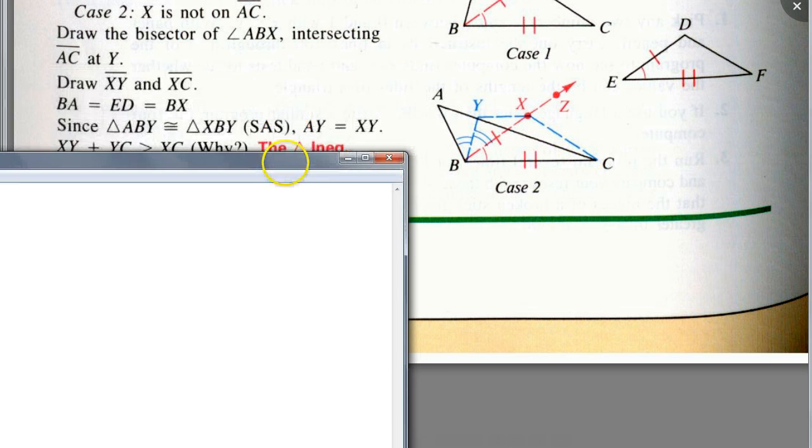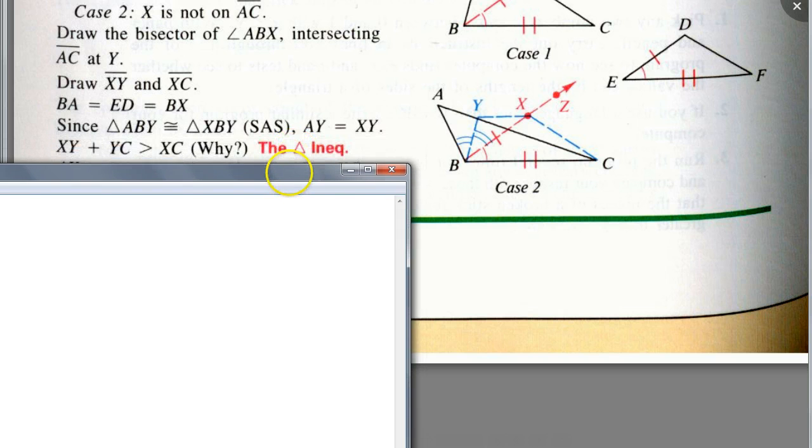Why would XY plus YC be greater than XC? I want you to discuss with your group. Go ahead, I'll wait. Now that you had some chance to talk, Josh, you guys don't know why XY plus YC would be greater than XC?